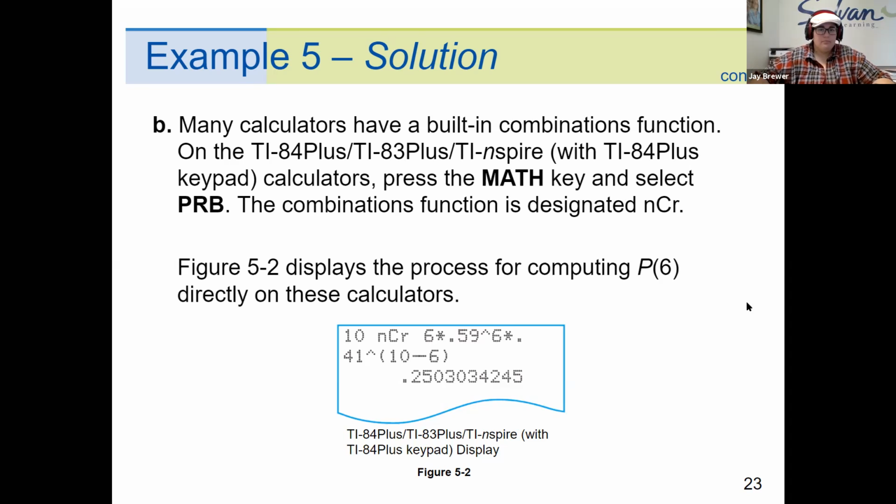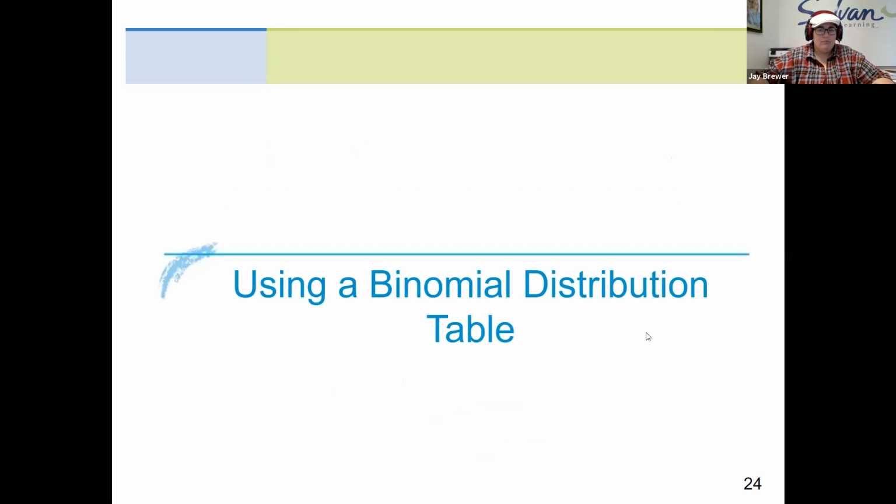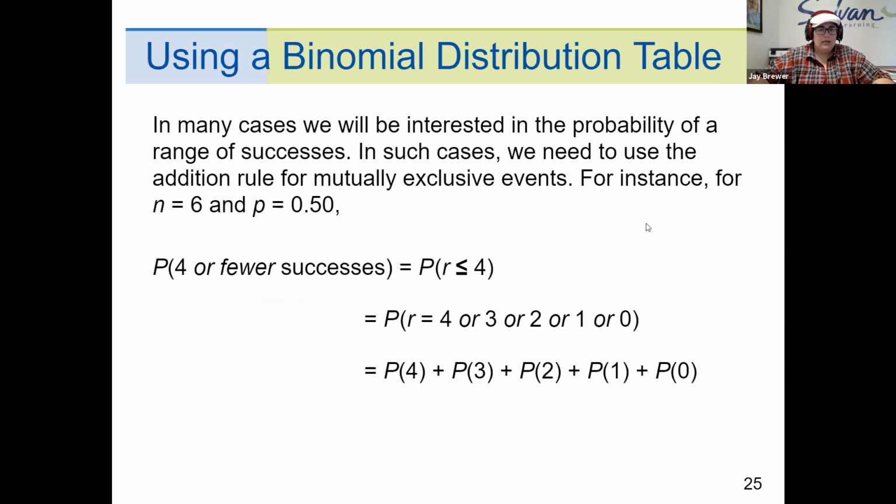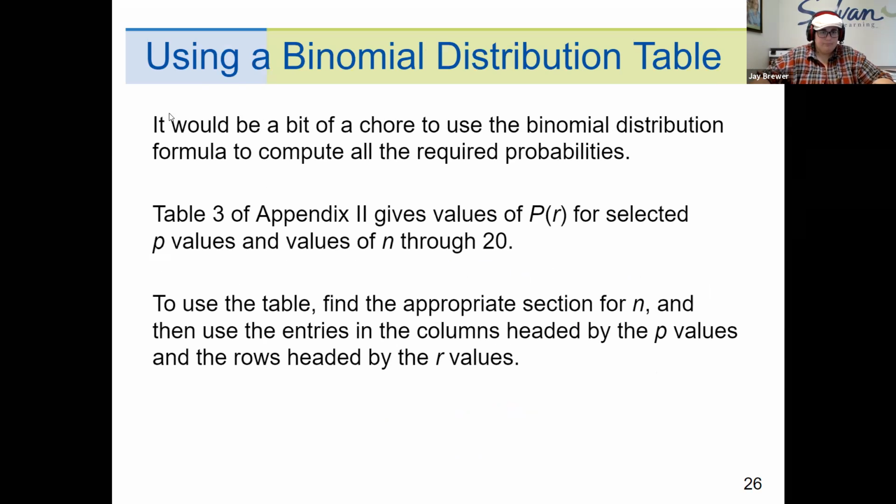No? Okay. Using a binomial distribution table. Again, I don't recommend using the table, but if that is your preference, then I would suggest printing it out. So 4 or fewer successes, you're looking up in the table for that.